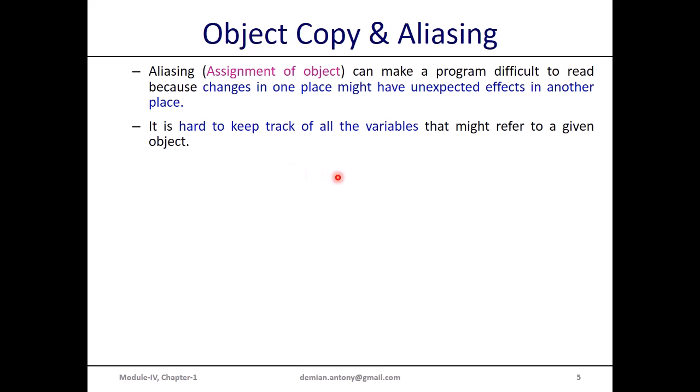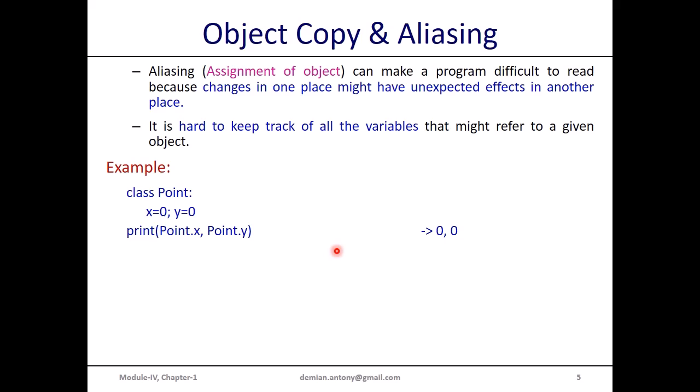Let us take up one example to illustrate the unexpected effect. Assume that we have a class called point with x equal to 0 and y equal to 0. This is how the class point is defined, and if you print these values we get 0, 0.